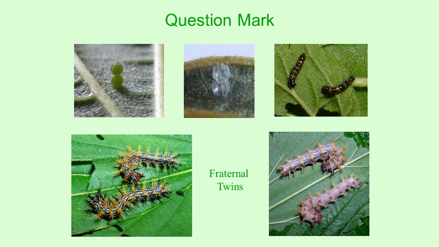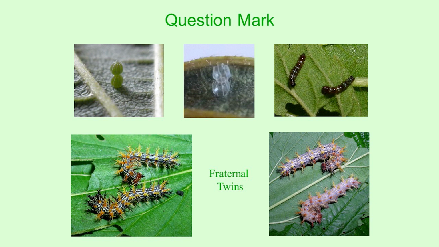So this is the question. I showed you this picture of the eggs before, where the two eggs were stacked on top of each other. So the center picture there shows the tiny little caterpillars, which are on the right, after they've emerged from those eggs.